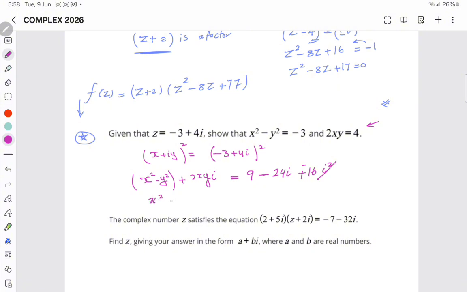So that means x squared minus y squared plus 2xyi is equal 9 minus 16, it will be negative 7 minus 24i. Now equating real, so I got x squared minus y squared is equal negative 7. Equating imaginary, but 2xy is equal negative 24.